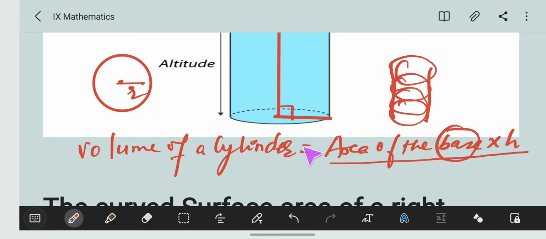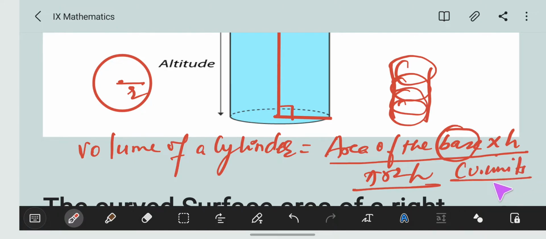So the area of the base is the area of the circle, that is pi r square, and then multiply by h. So pi r square h will be the volume of a solid cylinder. The unit of the volume is always in cubic units. Cubic means centimeter cube or cubic centimeter, meter cube or cubic meter, like that.